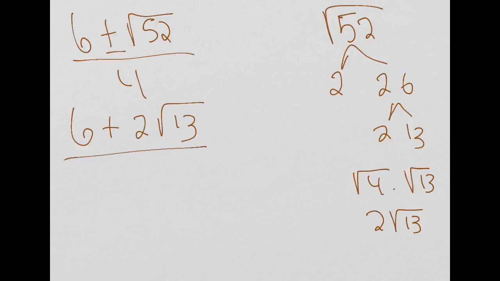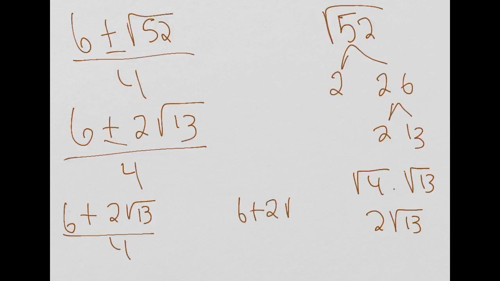Plus and minus, don't forget that. So we have 6 plus 2 square root of 13 over 4, and 6 minus 2 square root of 13 over 4. Everything simplifies by 2, so we can do 3 plus square root of 13 over 2.